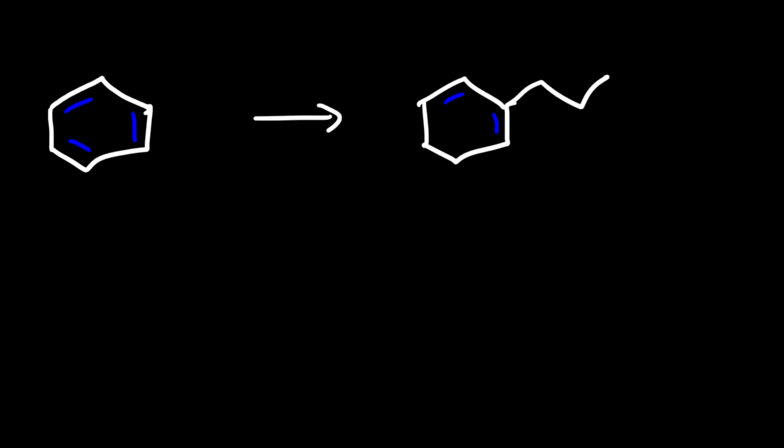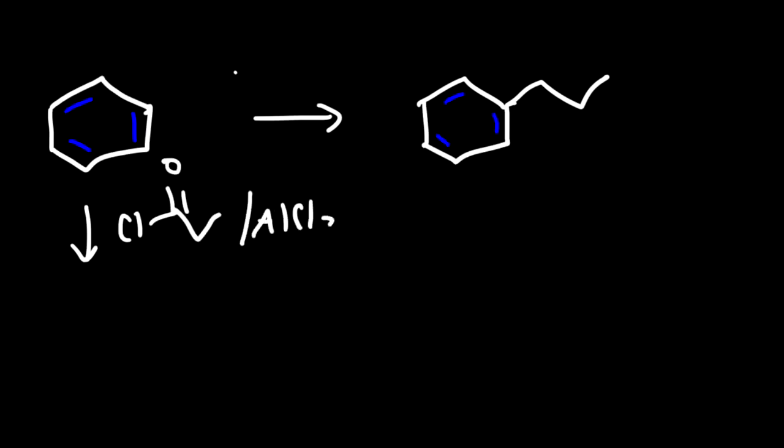So therefore, we need to do something else. What we need instead is to use the Friedel-Crafts acylation reaction. So we need to use an acid chloride with aluminum chloride. So that's the first step. And what's going to happen is we're going to replace a hydrogen atom with an acyl group. And so we're going to get a ketone.